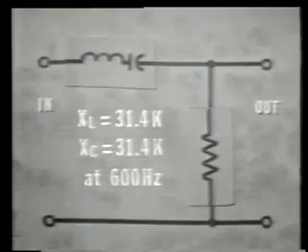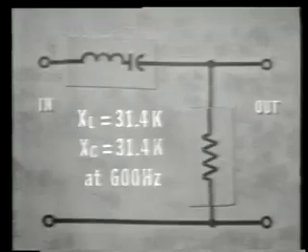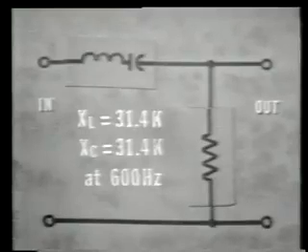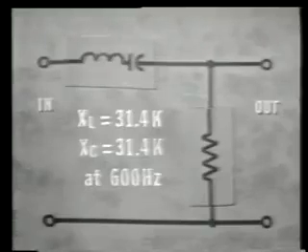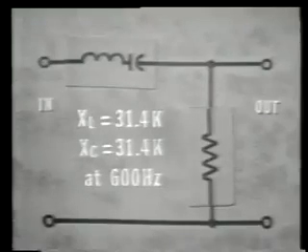Now, since the series tank opposition is minimum at the resonant frequency, circuit current will be maximum. This current will flow through the shunt resistor and develop the output voltage. At all other frequencies, however, the series tank opposition will limit circuit current to the extent that very little current will flow through the resistor, thus very little output voltage will be developed.